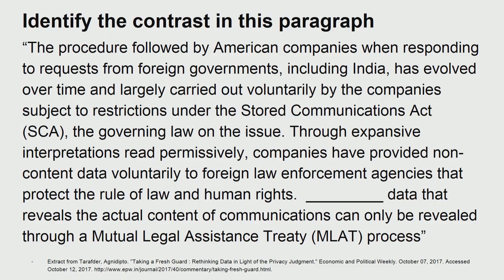Though expansive interpretations read permissively, companies have provided non-content data voluntarily to foreign law enforcement agencies that protect the law of Rule of law and human rights dash data that reveals the actual content of communications can only be revealed through a mutual legal assistance treaty process, and the source is given to you.